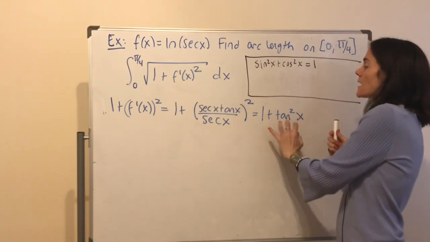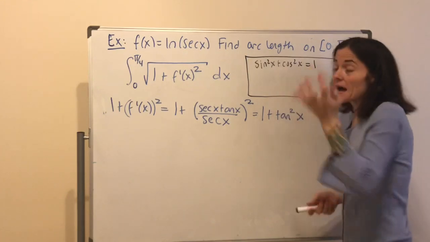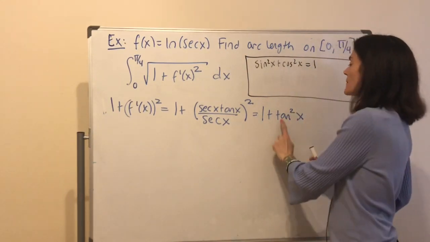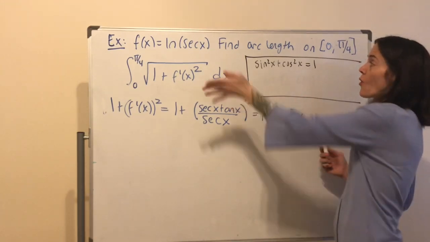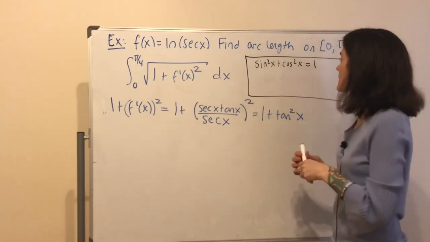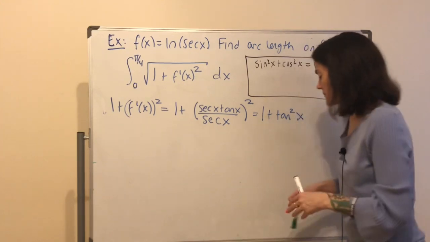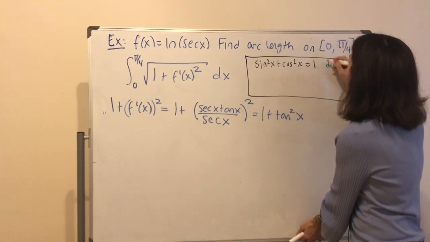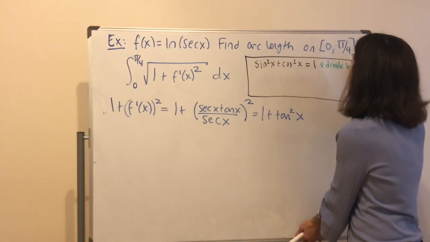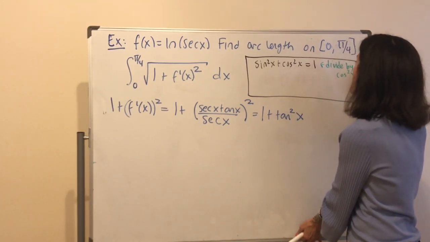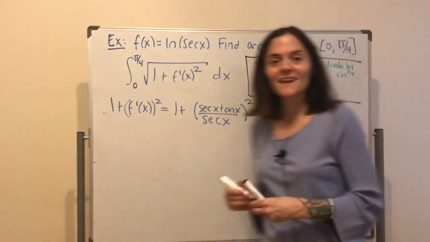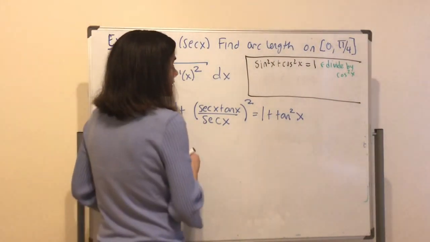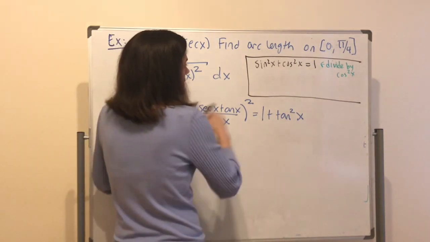Well, I can divide by different things to get 2 more identities from trig, and one of them is here. So if I divide the whole thing by cosine squared, maybe I'll write that. Let's divide this by cosine squared of x. Okay, what do I get? Well, the first term, sine squared over cosine squared. This is the tangent squared.